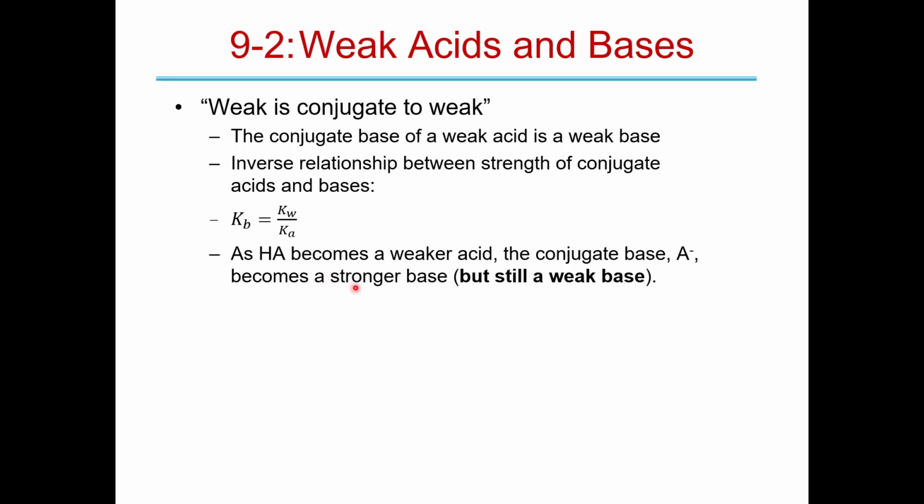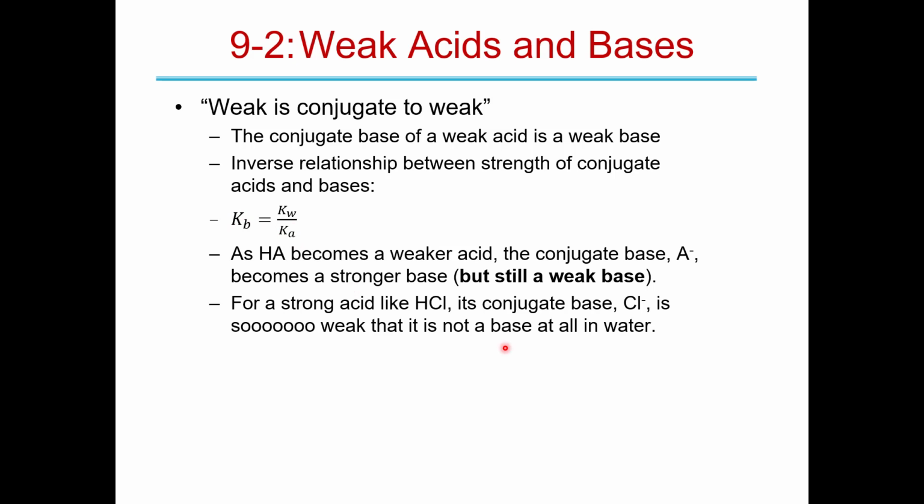Even though it is becoming stronger and stronger, it is nonetheless still a weak base. So that's what we mean that weak is conjugate to weak. A minus will be a weak base. But it is true we have this inverse relationship. So the stronger the acid, the weaker the base. That kind of thing is going on.